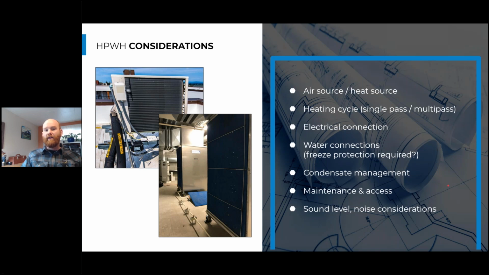That can be a lot of noise, and so we want to make sure that it's not directly adjacent to a residential window that's operable. We want to provide vibration isolation or other acoustic provisions to prevent vibration from transferring to the building, as well as dampen the noise being transferred as a whole to the building or throughout the building.